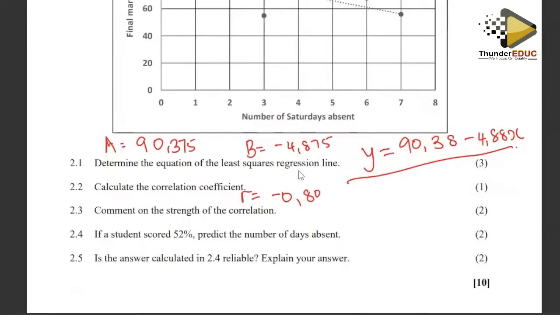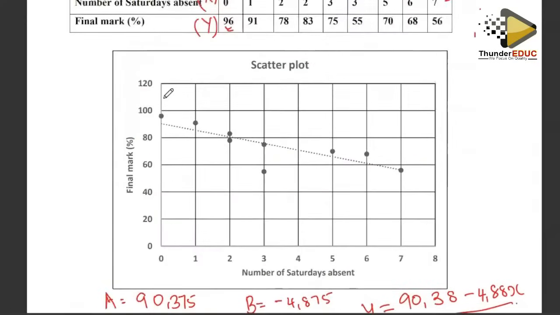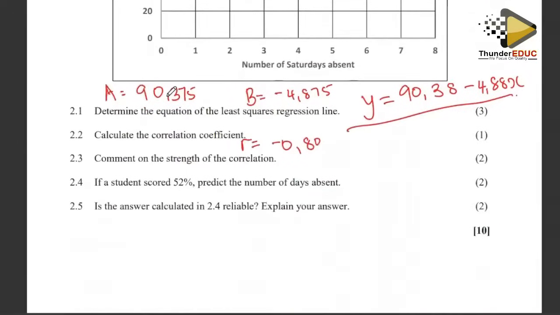Okay, we can add a 0 since we want everything rounded to decimals. Then comment on the strength. Whenever you're commenting on the strength, number one, you need to talk about the weakness and the strength, meaning is it weak? Is it strong? Is it moderate? And then from there, we need to go on and talk about the direction.